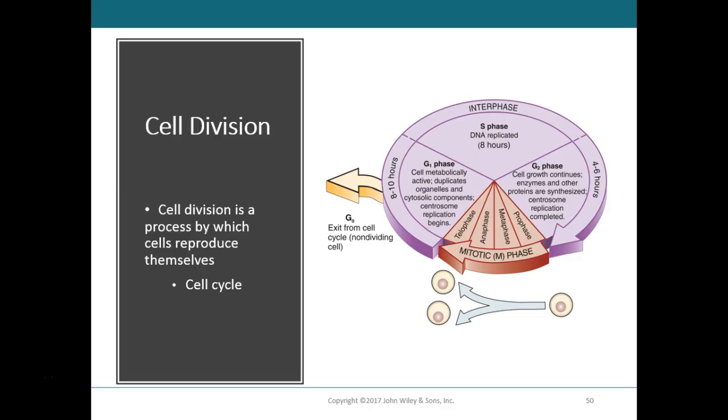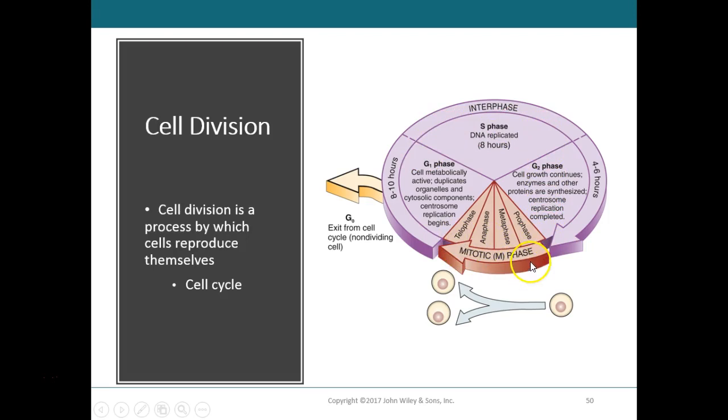So the cell cycle is a sequence of events that allows a cell to duplicate its contents and divide in two. It consists of interphase and mitosis, okay? So the cell cycle is basically what a cell does in its lifespan. So interphase is all this we have in purple.